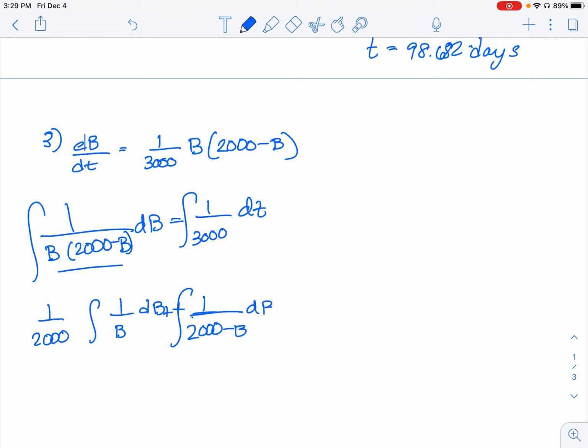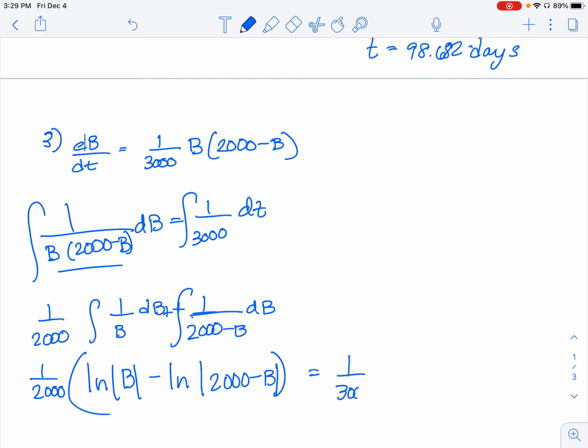Okay, dB. So I end up with 1 over 2,000 times the natural log of b minus the natural log of 2,000 minus b, and that's an absolute value, is equal to 1 over 3,000 t plus c.